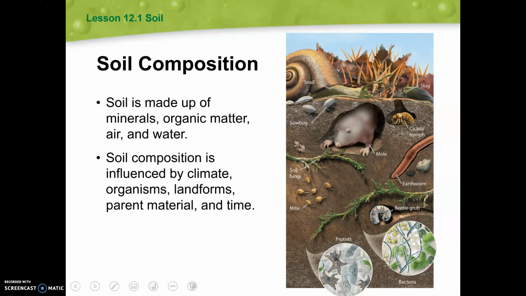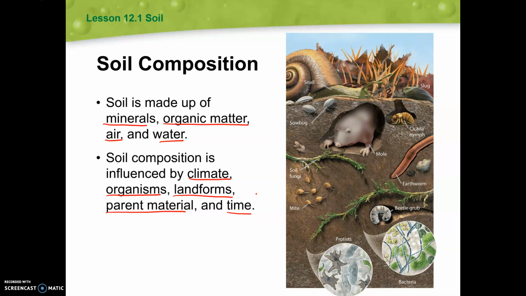So soil composition: our soil is made up of all different types of minerals, organic matter, air, and water. And our soil is also influenced by our climate, so our weather outside, organisms, different landforms, parent material, and time.